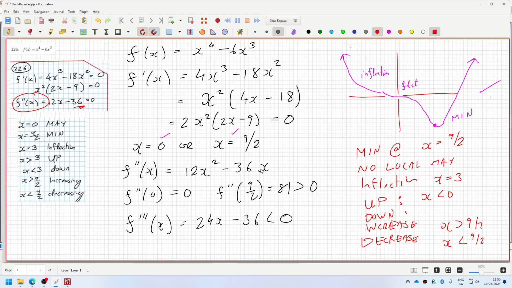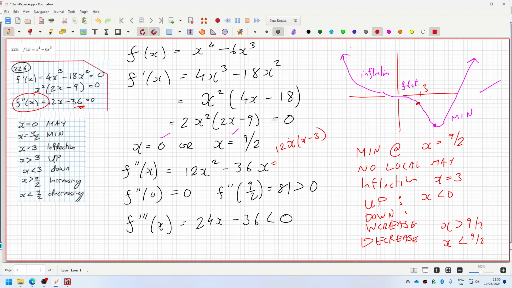So if I was to factorize this, I could take out 12x and I'd be left with x minus 3. Yeah, so there's a second inflection point here. How did I say 3 earlier?